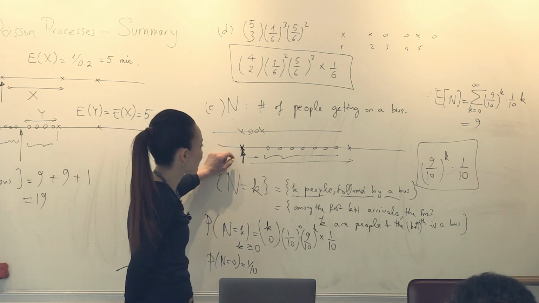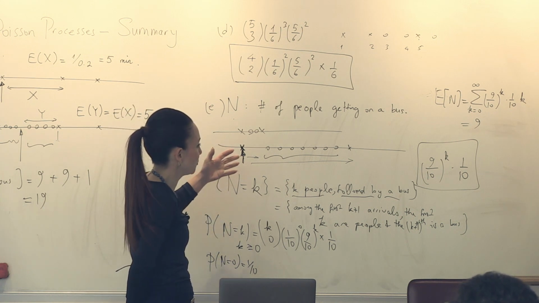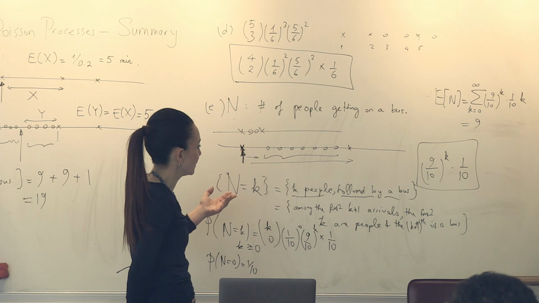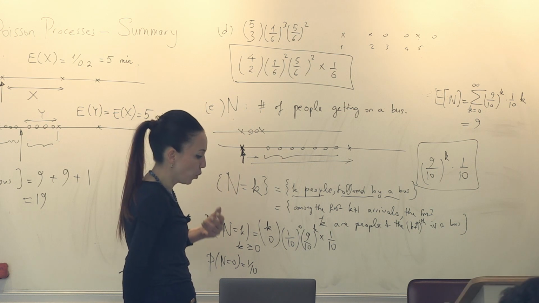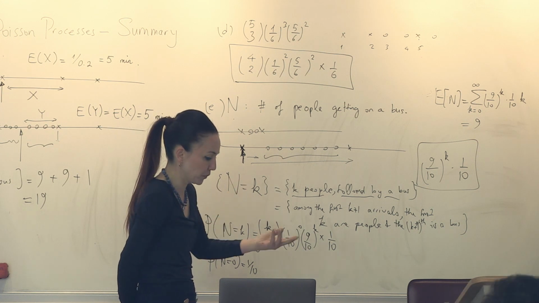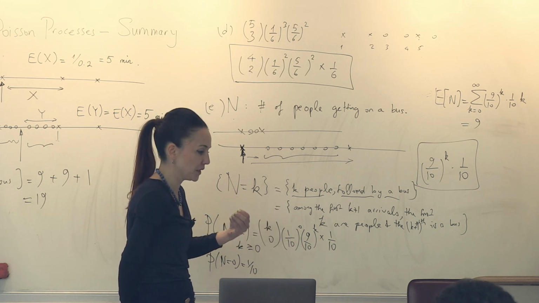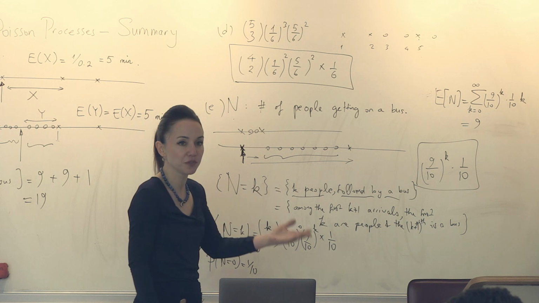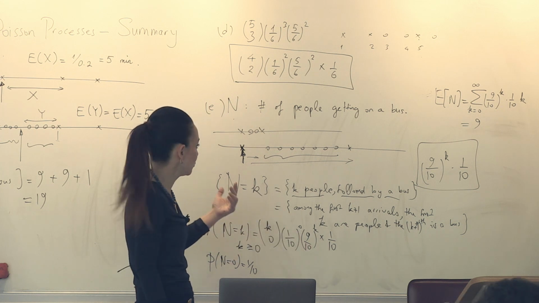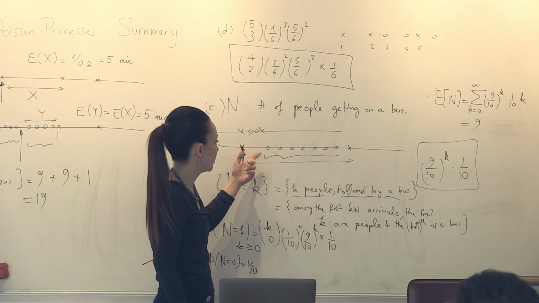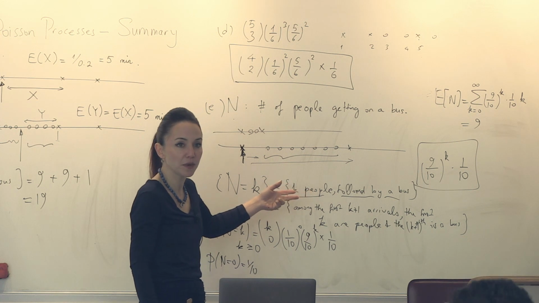Now, what am I trying to find? I'm trying to find the number of all the people getting on a bus. What is the probability that this number is equal to k? So I need to count everybody getting on the bus.